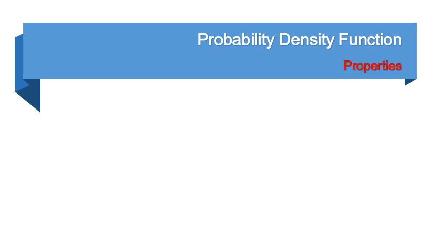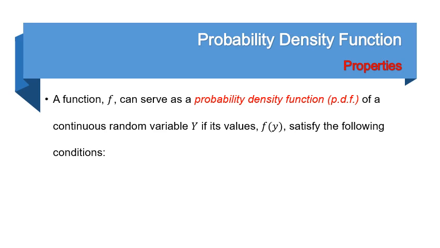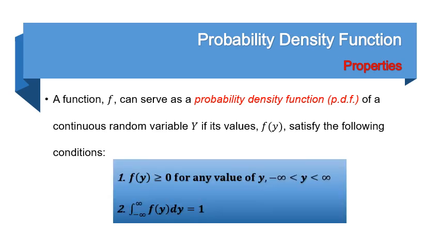So here, like the one we studied in the discrete case, what is the probability density function, or PDF? The PDF is just a continuous function that you need to use in order to integrate or calculate the probability for the random variable you are talking about, y, but it has to have the two following conditions.